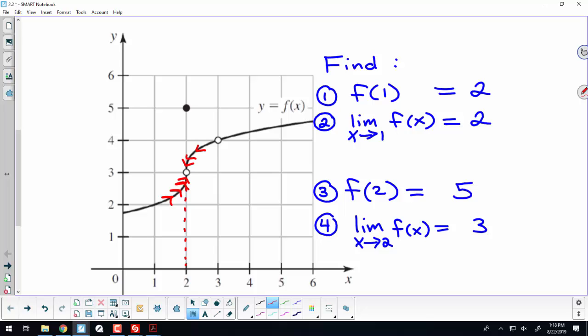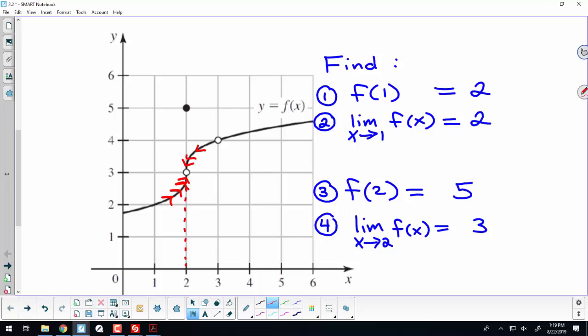From the left would be 2.9, then 2.99, 2.999, etc. From the right would be 3.01, 3.001, 3.0001. Does that make sense? That's really the main thing to grasp about limits.